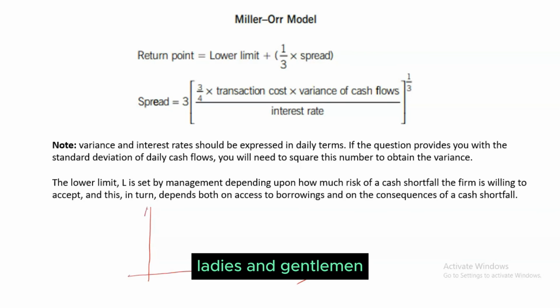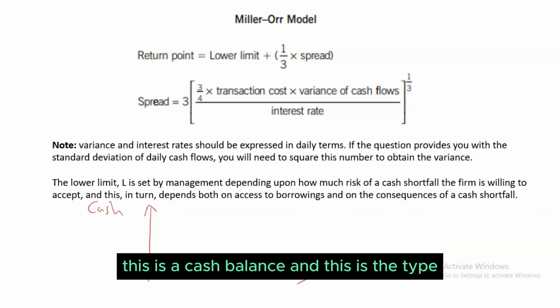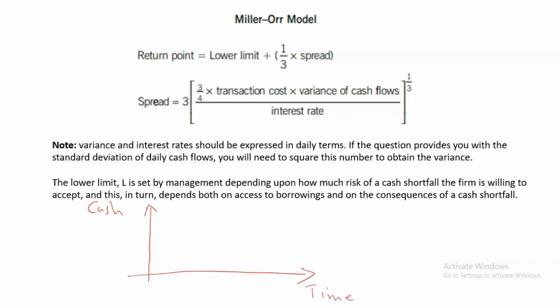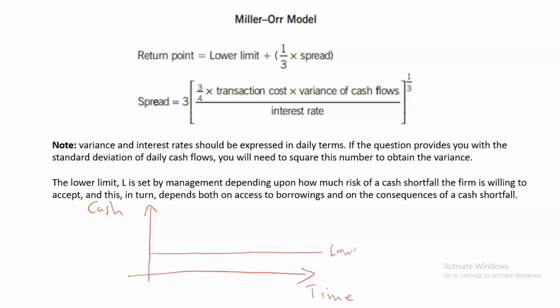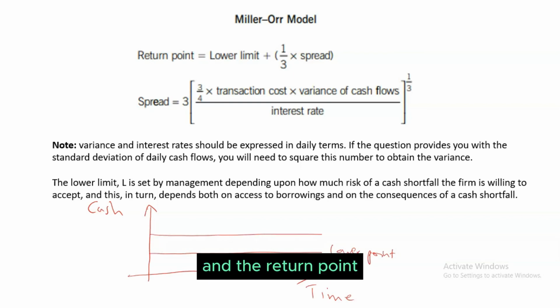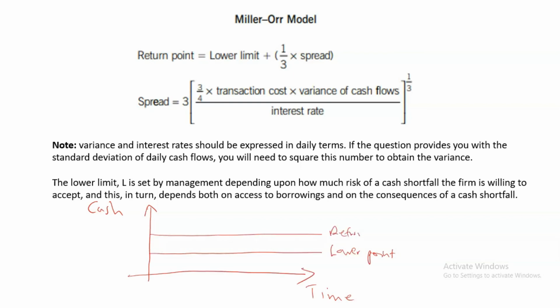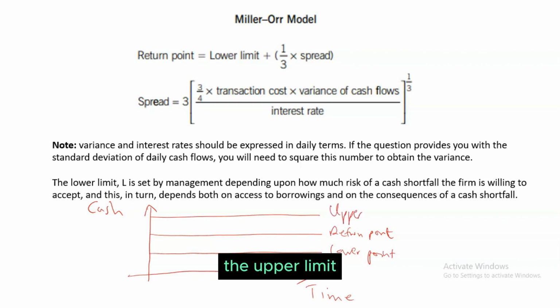Okay, ladies and gentlemen, this is the cash balance and this is the time. There is what is called the lower point, and the return point, and the upper limit.